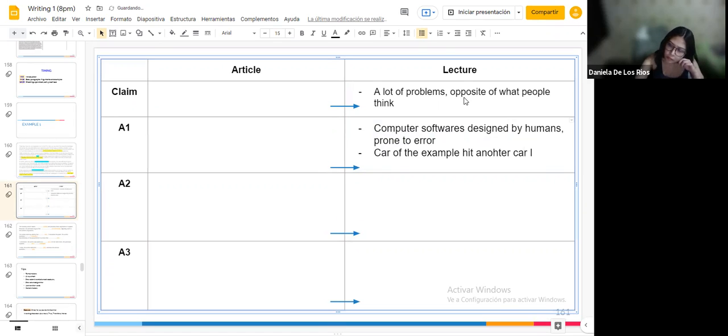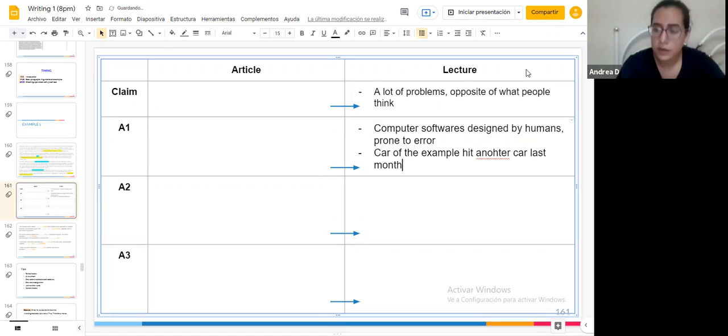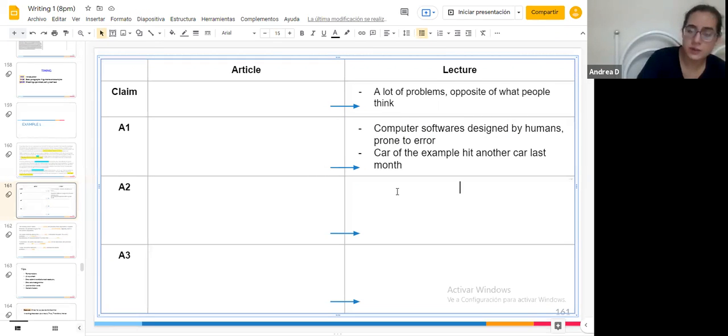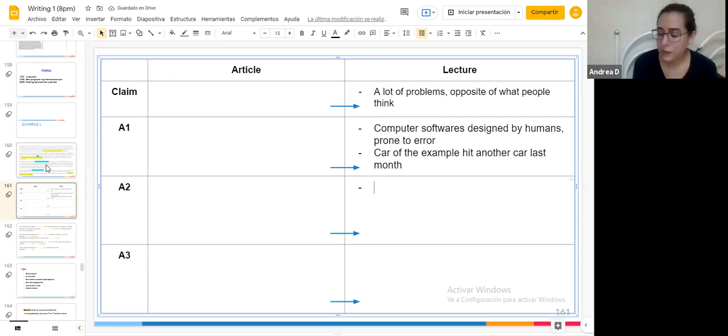Okay, that's true. So he says, well, your information isn't that accurate because this car that you're referring to actually hit another car. And it was in the news or whatever. Okay then, nice. And what about the second reason? Aren't they good for the environment after all?